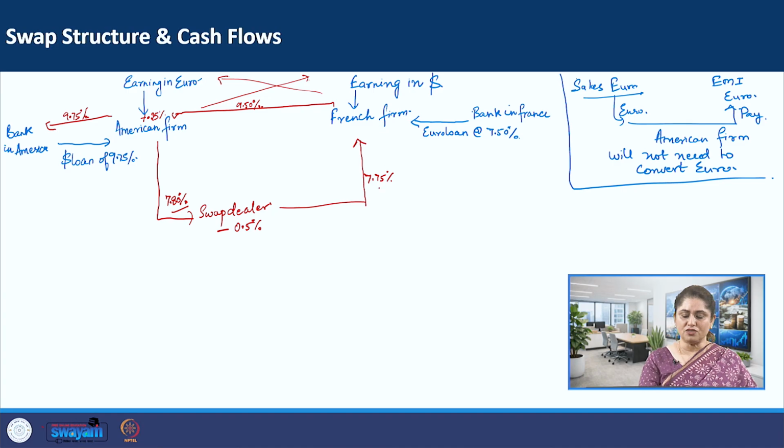Now, the French firm is receiving 7.5% interest, so it will keep 0.25% interest with it as its gain, and will give how much to the bank? 7.50% to the bank in France.